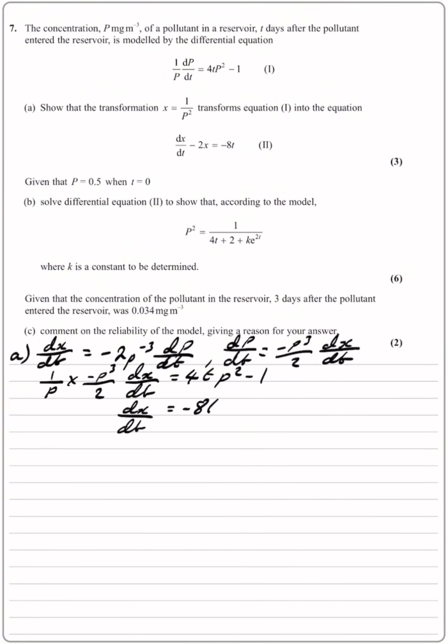Then dividing everything by minus p squared and timesing everything by 2, we can get dx by dt will be equal to minus 8t plus 2 over p squared. 2 over p squared is, of course, 2 lots of x. And lastly, subtracting the 2x from both sides gives us the differential equation that the question wanted.